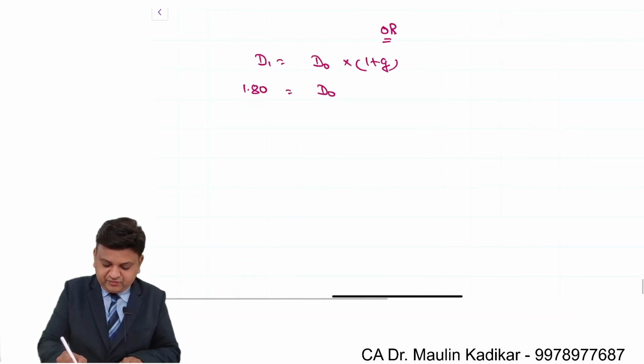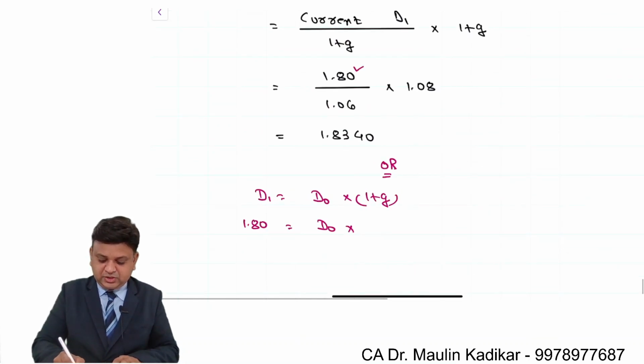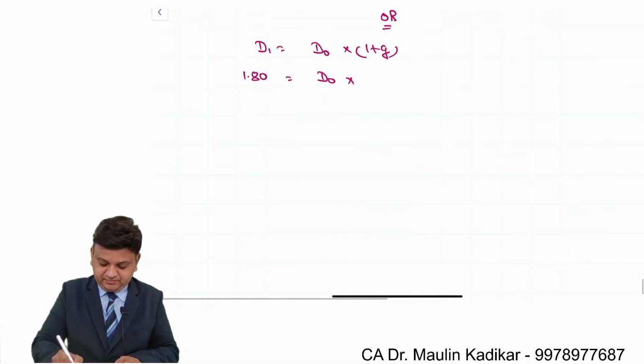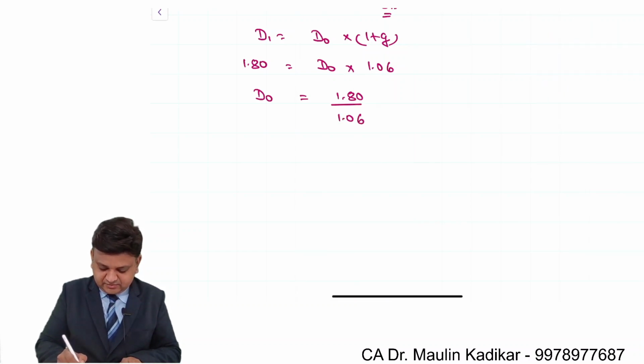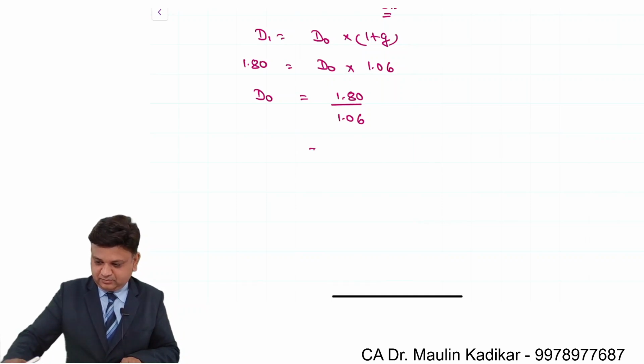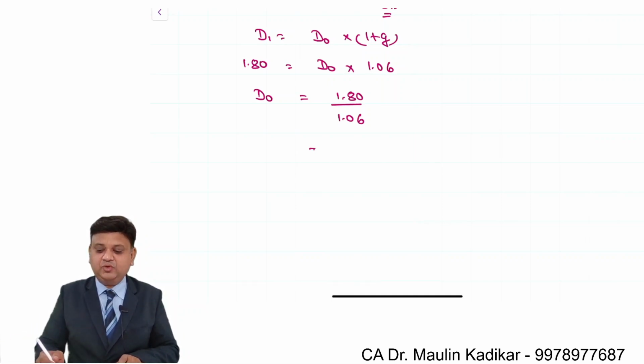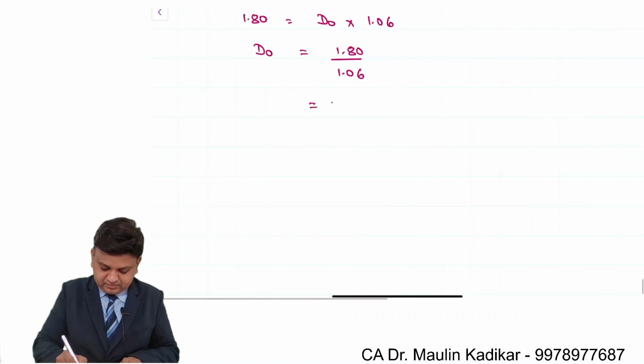So D0 will be found as a balancing figure using the growth rate of 6%. D0 is 1.8 divided by 1.06, that comes to 1.6981.